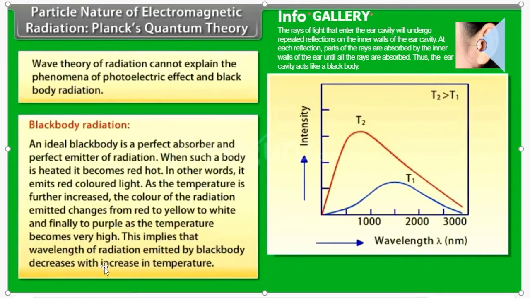It's about the value of 1500. And then when the temperature increases to T2, the wavelength at the peak value, or the wavelength maximum, decreases to become less than 1000 nanometer. So from here we can see the higher the temperature of the object, the shorter the wavelength of radiation emitted.